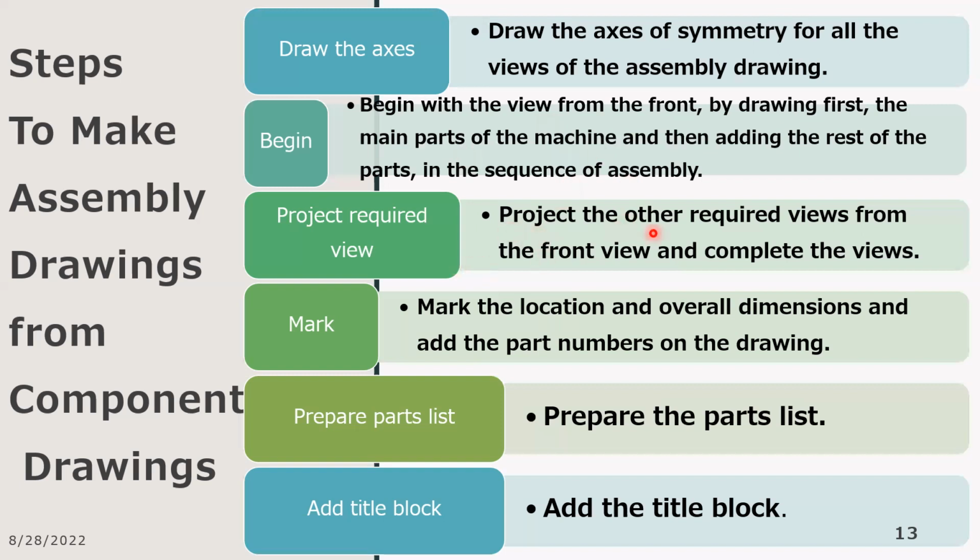Nextly, you want to project the other required views. Okay, so required, as in depending on what the question is asking you. All right, then you also mark the location and overall dimensions and the part numbers on the drawing. Okay, very important, you also need to prepare a part list.